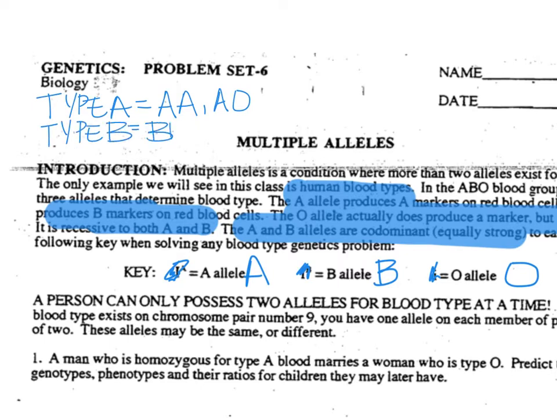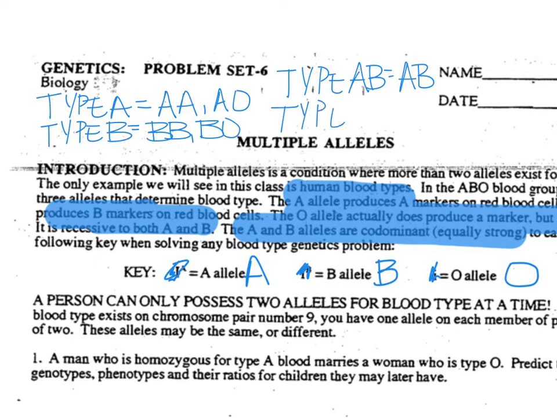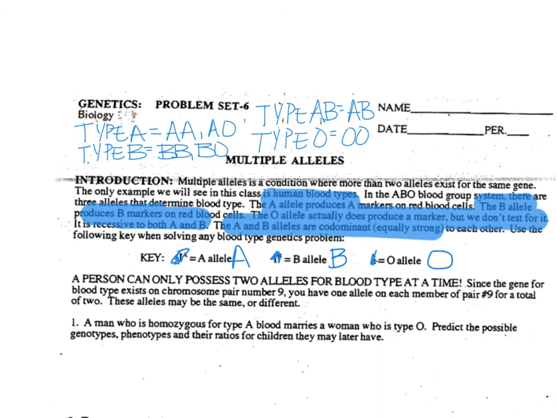You could be homozygous type B, or you could be heterozygous type B and have a B and an O. For type AB blood, there is only one genotype, and that is AB. The 4th blood type is type O, and because O is recessive, you need to have 2 recessive alleles to get type O, so you would have OO, the genotype for type O blood.